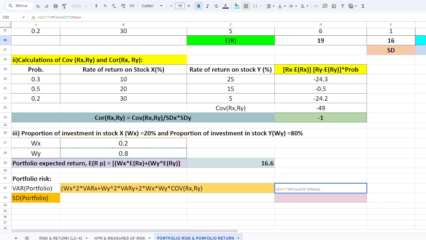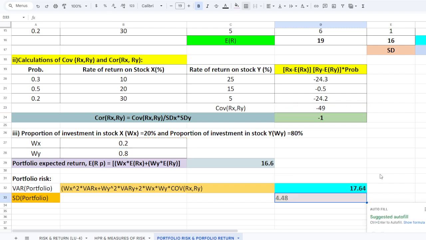Then we say plus 2 into W1, W2, and next one is the covariance. So we already calculated the covariance of Rx and Ry, this one is 49. Okay, then you just close your bracket and just enter it.